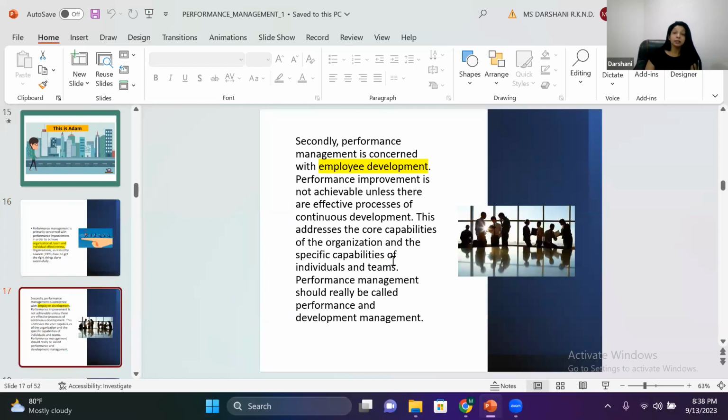Can you remember? Competence and commitment, right? As I told you, we need competent and committed employees. So therefore, we need such developed employees. That is why we are looking at individual basis and team basis, in order to develop these employees.